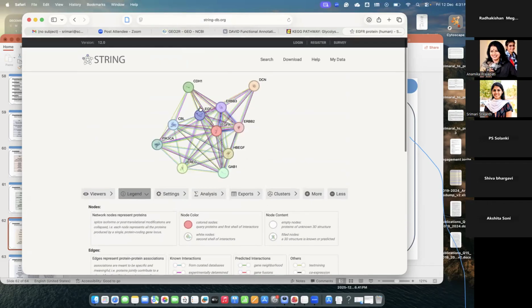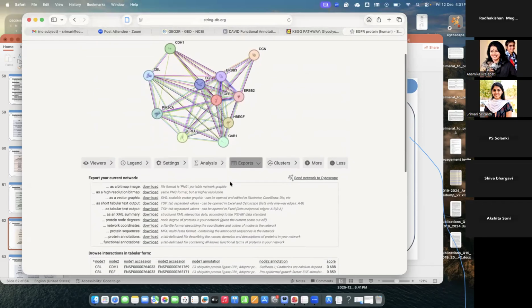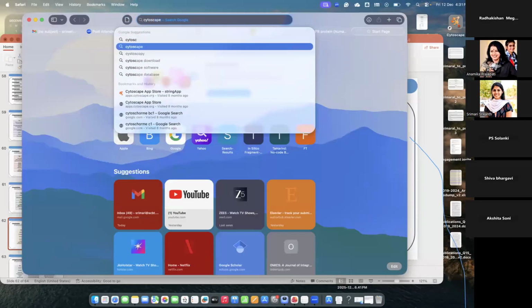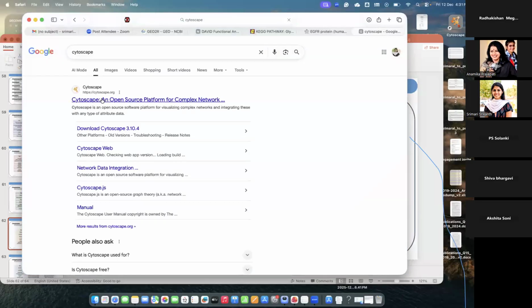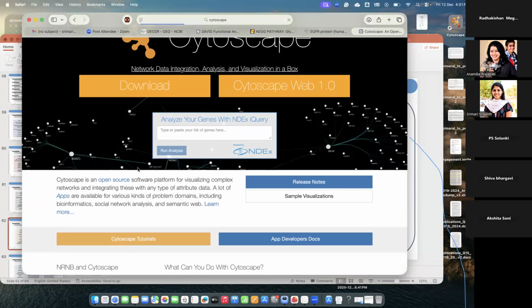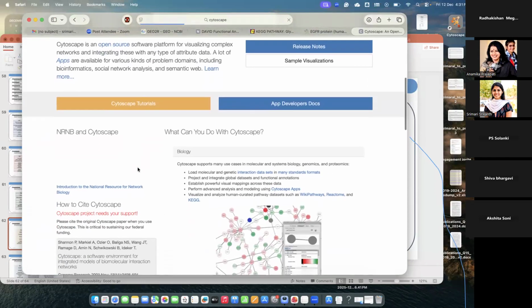And we can analyze this network here itself, or we can export it and use other external software like Cytoscape for analysis. So Cytoscape is one software used for network analysis.